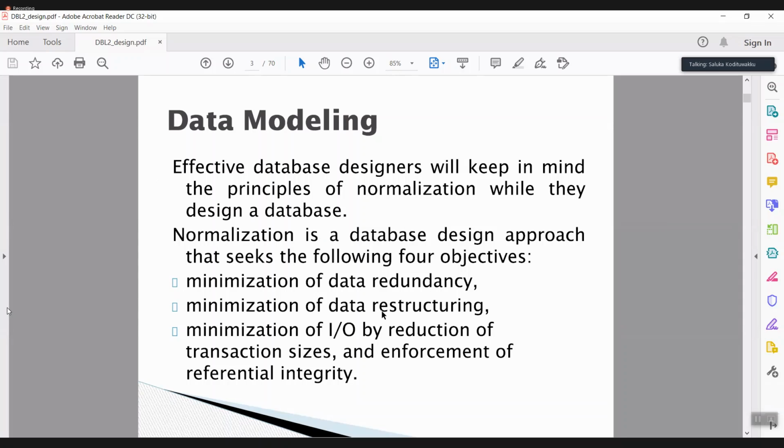Normalization mainly concentrates on redundancy. That means we should minimize redundancy and minimize restructuring of data later on. It should also minimize access time, that is, input and output, by reducing transaction size. It should also concentrate on the correctness of the data once operations are performed over the data we store.